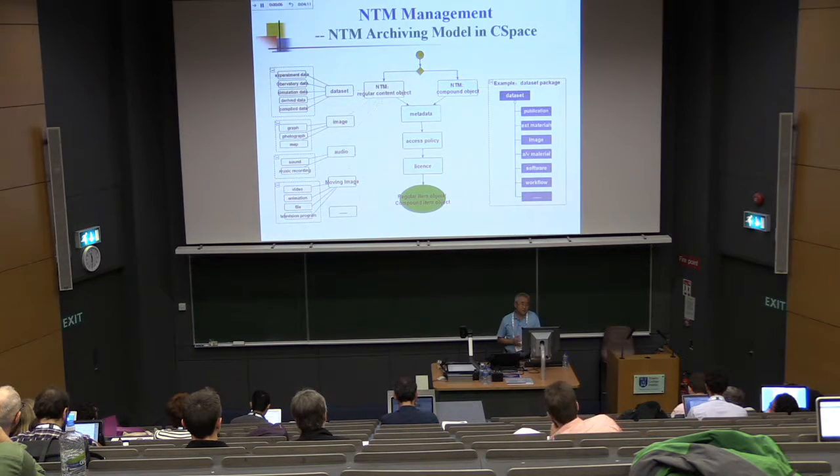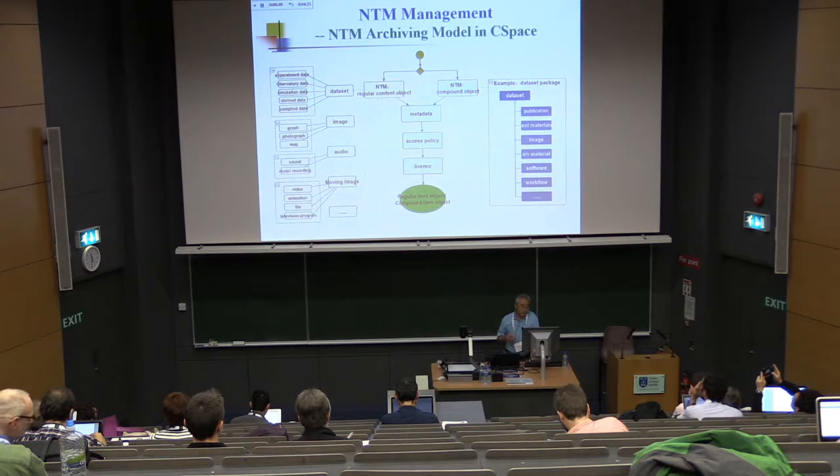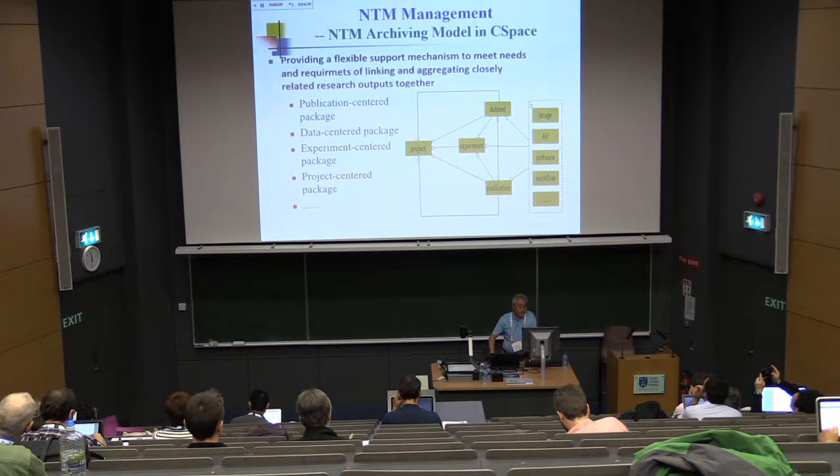On the left side, we see the regular model of archiving NTM materials just as regular content objects. On the right side, we treat NTM as a compound object. That is to say, we can put all related objects in one package. The package has its own metadata, and each object in the package also has its own metadata and identifiers.